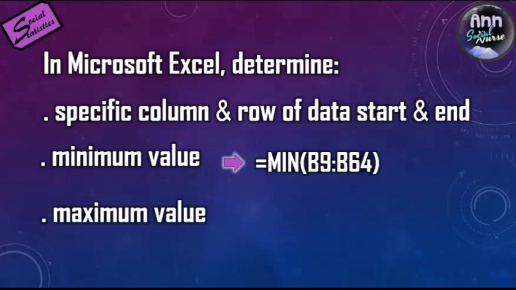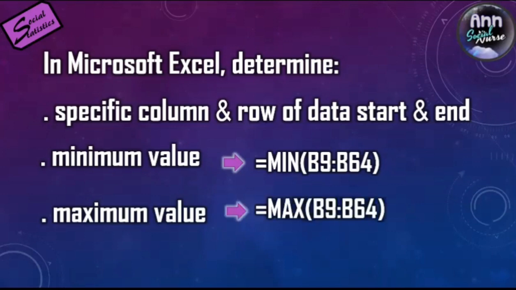So you're going to put on the particular cell equals, you encode this, and the start of the data and the end of the data in a particular column which has the data for a particular variable, and then the maximum in this manner.